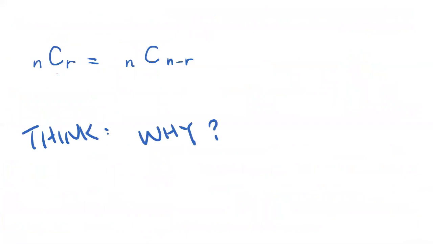Another useful formula is C(n,r) equals C(n,n minus r). Now let's think why this happens. For example, C(5,2) equals C(5,3), or C(4,1) equals C(4,3). This is also a very useful formula.